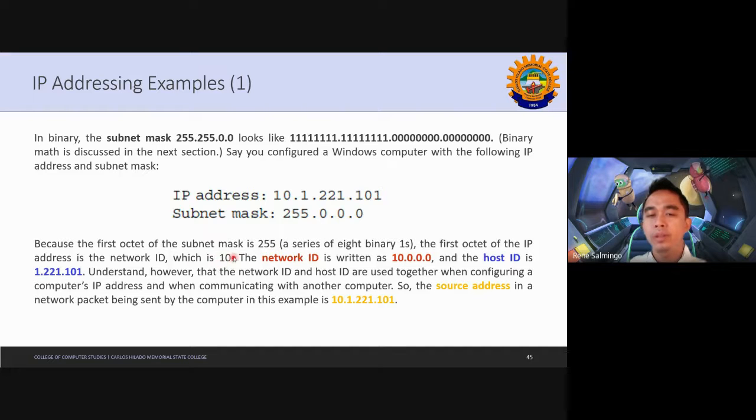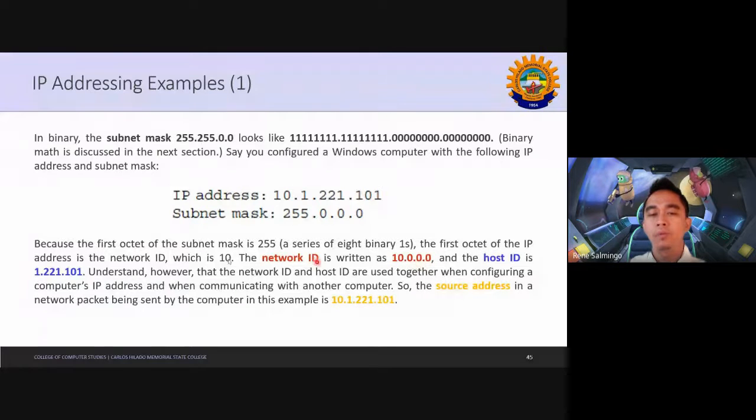The network ID is 10, and this 10 is in class A. If I am going to ask you this question in your test, what is the network ID of this IP address, your answer should be this one. This is how it is going to be written. So this is the network ID.